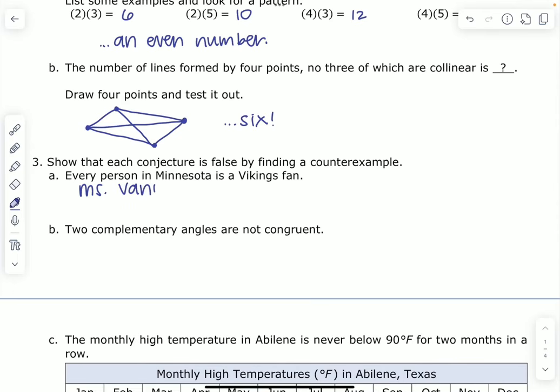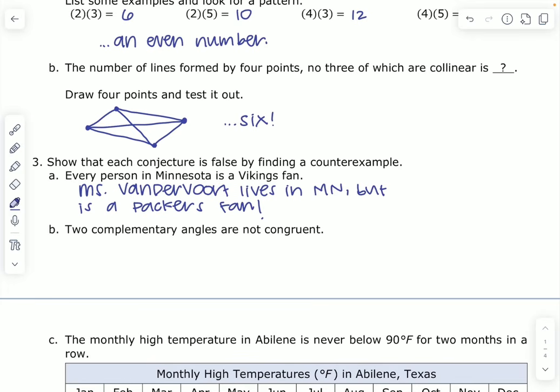The counterexample would be Miss Vandervoort, because she lives in Minnesota but is a Packers fan. Exclamation point, because why not?